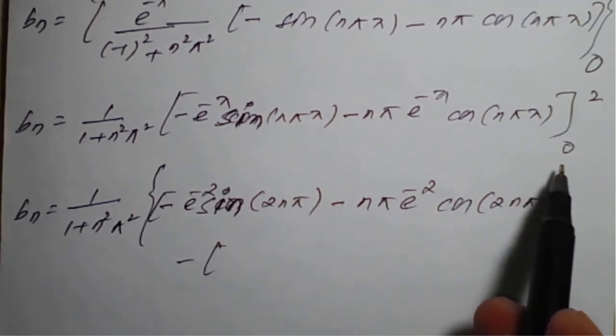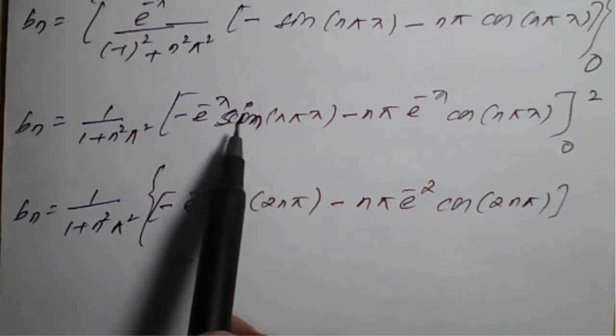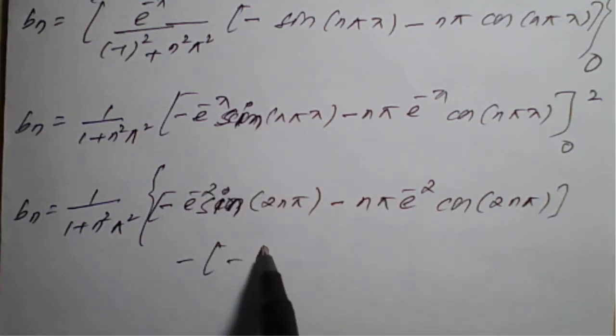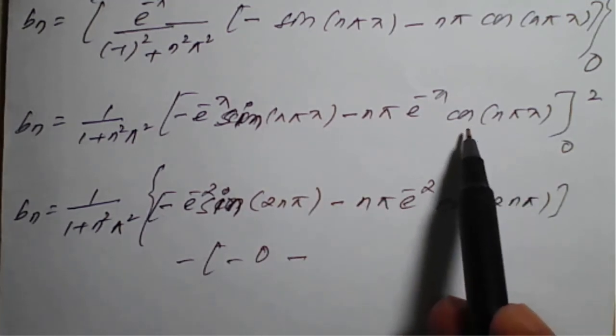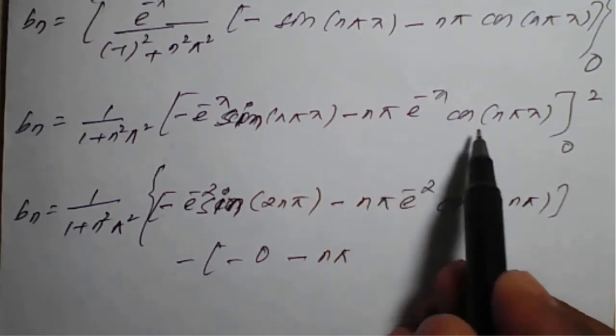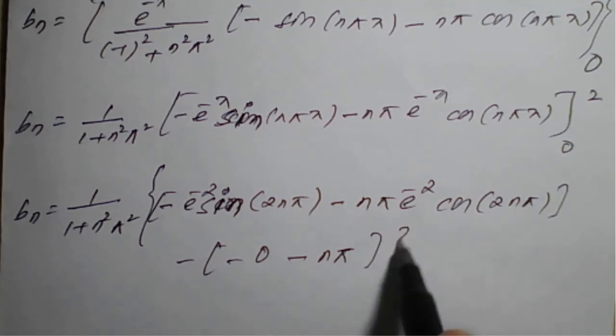If you replace x by 0, then 0 into n pi is 0, sine 0 is 0, so it will be 0 minus, if you apply here, n pi, e raised to 0 is 1, cos of 0 is 1, 1 into n pi is n pi.